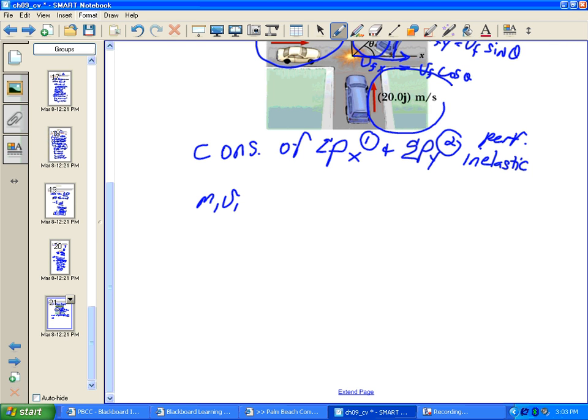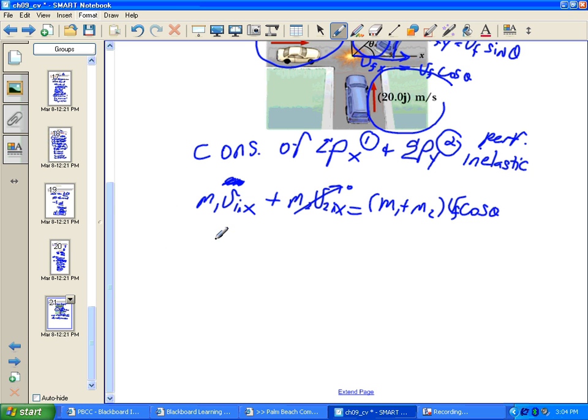M1 V1 initial x. Oh, sorry, this is component, so we don't have to use the vector notation. Plus M2 V2 initial x, which is 0, equals M1 plus M2, remember the entanglement, VFX, which is VF cosine theta.